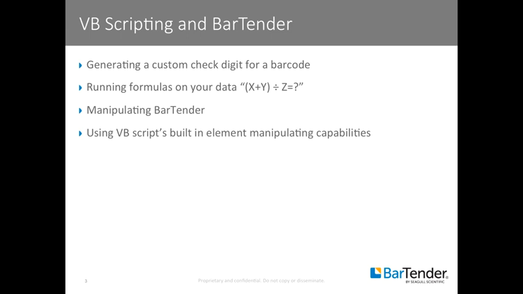You can call objects and data sources and populate them, or change properties like color or position, and this of course can be done programmatically. And it doesn't have to be BarTender-specific functions either. You can use any of VB Script's built-in functionality, such as a file function, like creating or deleting a file, or connecting to a database, or just parsing your data in a particular way that you need.